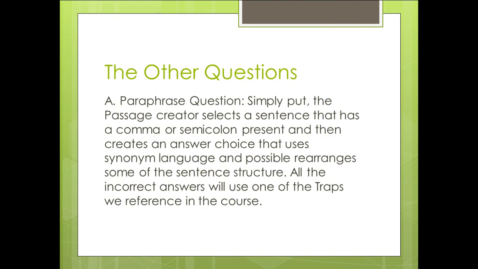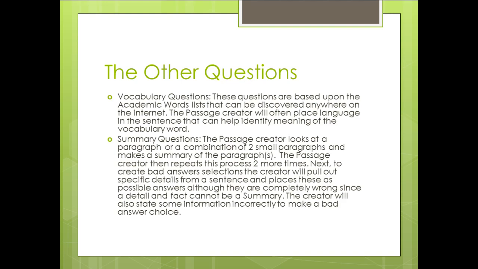Some of the other questions, the paraphrase question, that's also a one sentence question. It usually is going to have a comma or a semicolon present within it, so it's a little bit longer of a sentence, but it's essentially still one sentence, in terms of what that question is based off of. Vocabulary questions are one sentence questions, and the summary questions are designed a little bit differently.